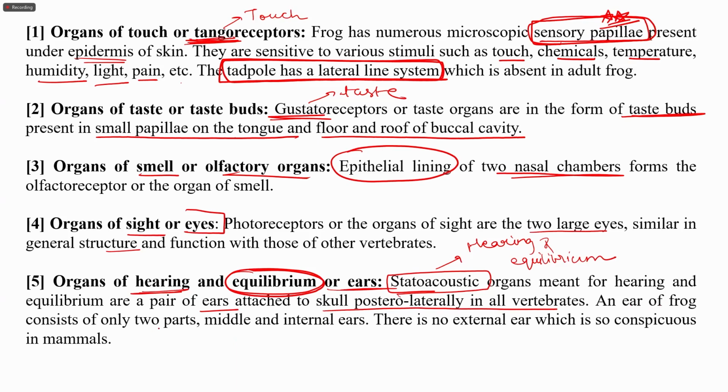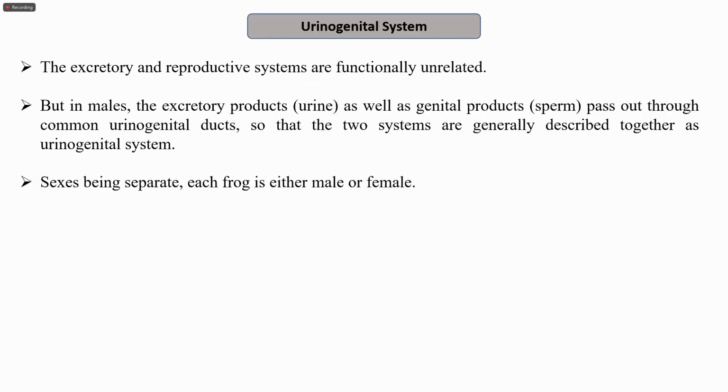An ear of a frog consists of only two parts, the middle and internal ear. External ear is absent. This is important. So there is no external ear, which is so conspicuous in mammals. We have a very well developed external ear, but in the frog it is absent and it mainly consists of the middle and the internal ear.